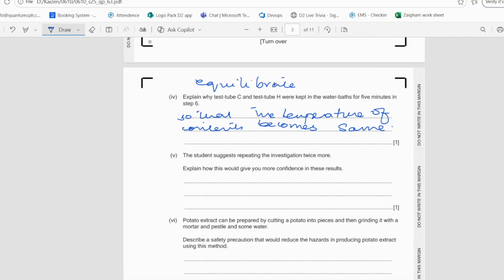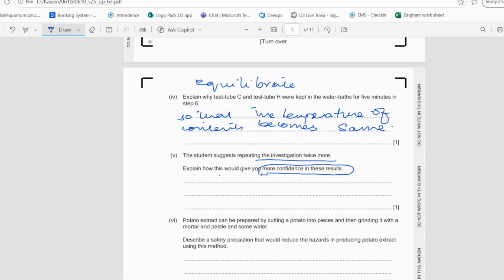The student suggests repeating the investigation twice. Explain how this would give you more confidence in this result. Yes, we do it to get a reliable result.